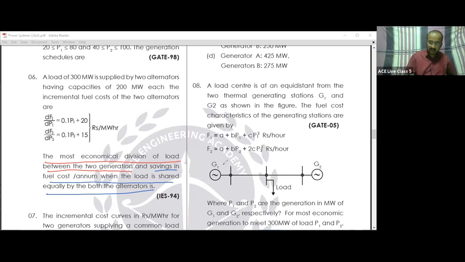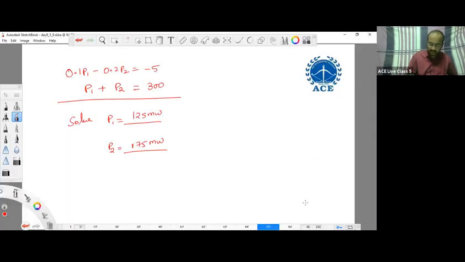So how do you formulate that? The fuel cost equation is half alpha Pg squared plus beta Pg plus gamma, and the incremental fuel cost dF by dPg is alpha Pg plus beta.